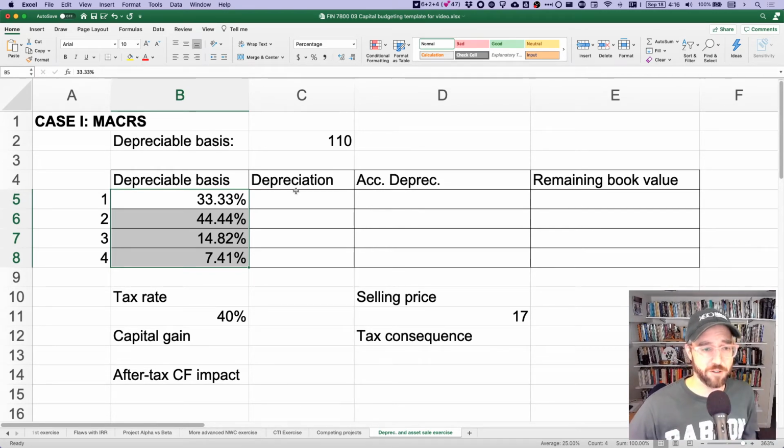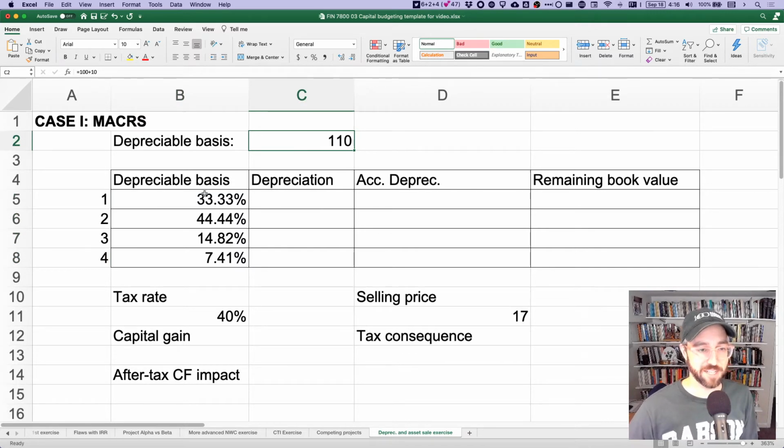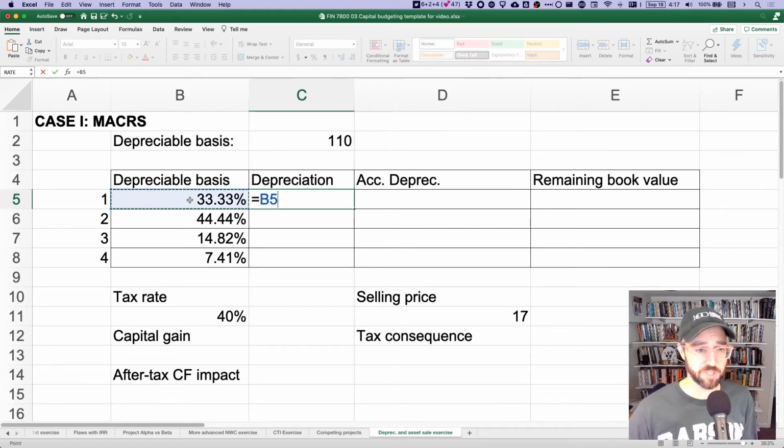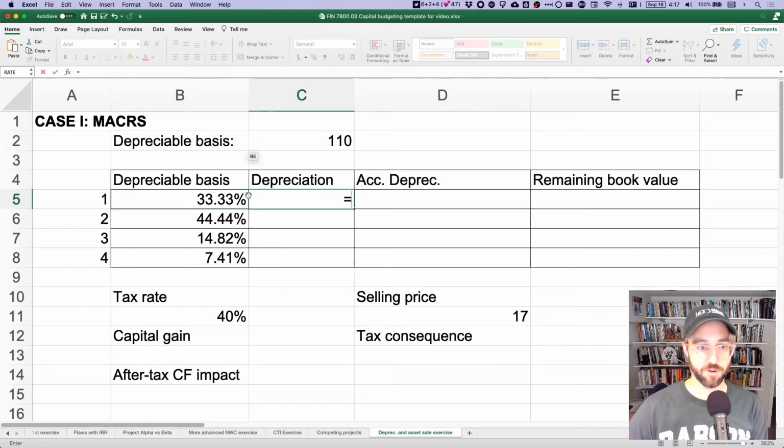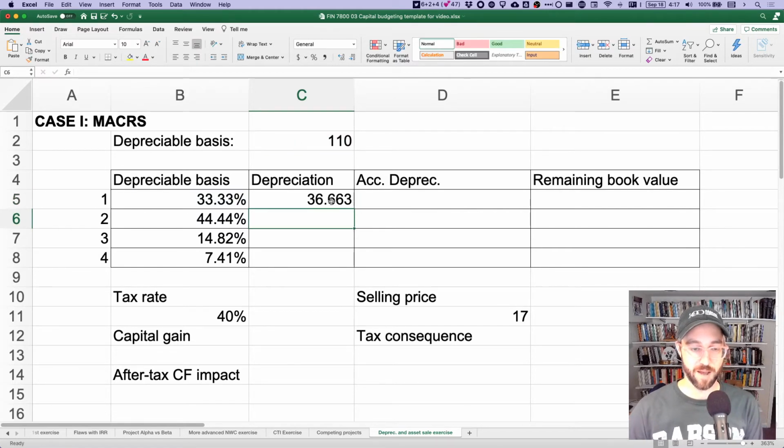So we've now done our first step of figuring out the depreciable basis. That tells us what the book value of the asset is at year 0. So what's going to happen? Well, in year 1, the firm is going to depreciate 33.33% times that book value, or $36,663.